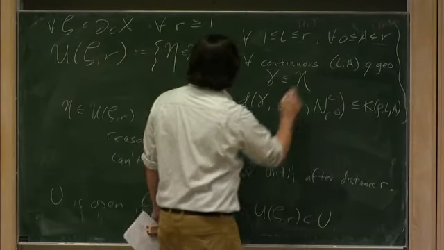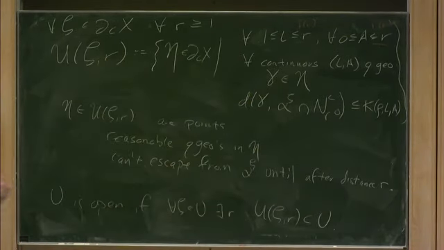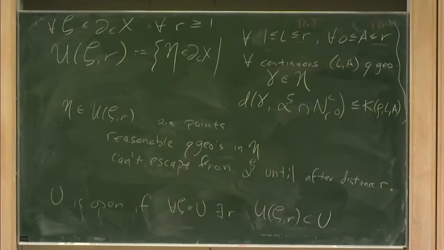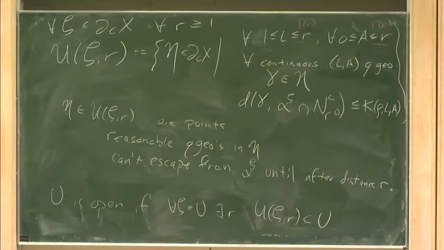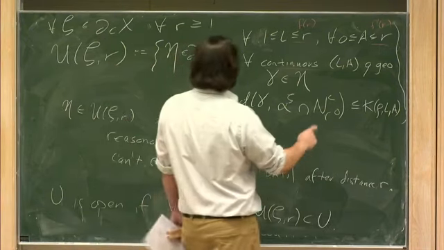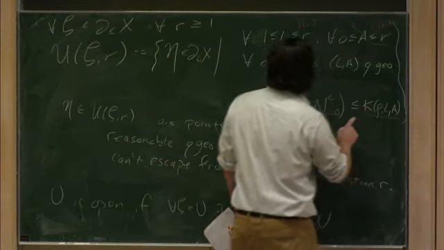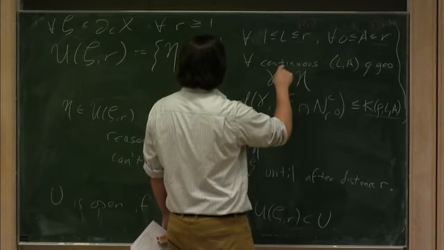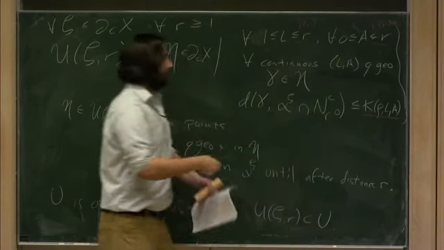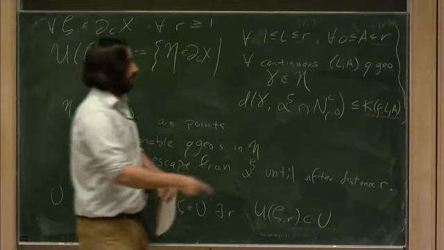Continuous doesn't matter because there's a standard trick: if you have a quasi-geodesic that's not continuous, you just pick the integer points and you connect them by geodesics and you didn't change the quasi-geodesic by very much. So you add some amount of error, but it's not very much. And this doesn't matter except that if you made changes, for instance, here, then you added some additive error, you have to include that error here.